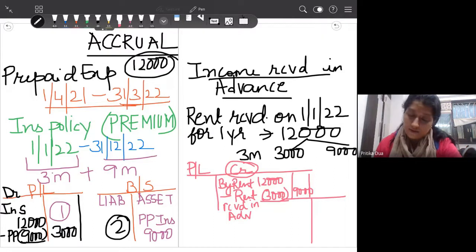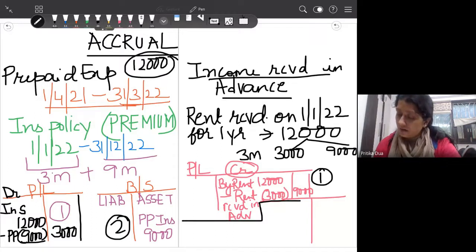This is the first impact of this adjustment. Rent received in advance.